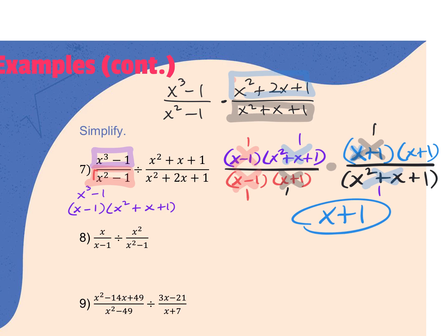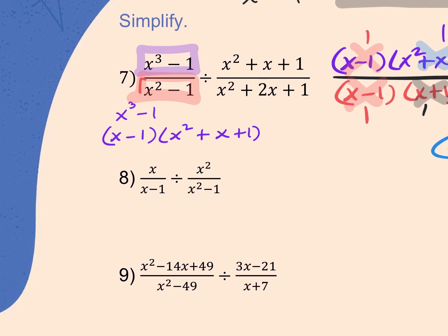All right, next one's still division. So again, I'm going to rewrite it as a multiplication. So keep, change, and flip. So x over x minus 1, keep that fraction the same. Change the division to multiplication, flip the fraction upside down. The only thing I need to factor here is the numerator of the second fraction, the x squared minus 1, the difference of two squares.